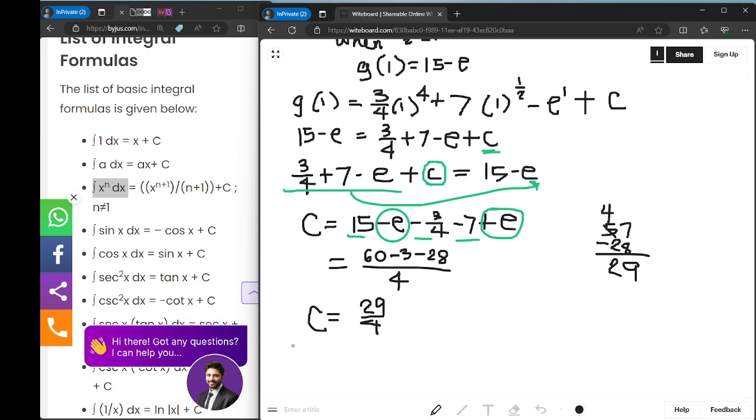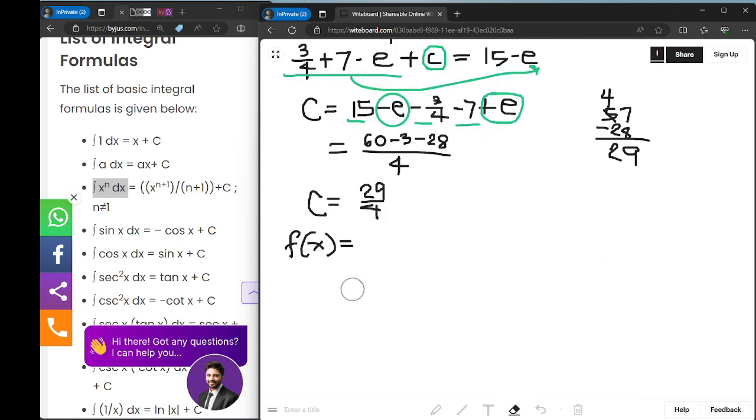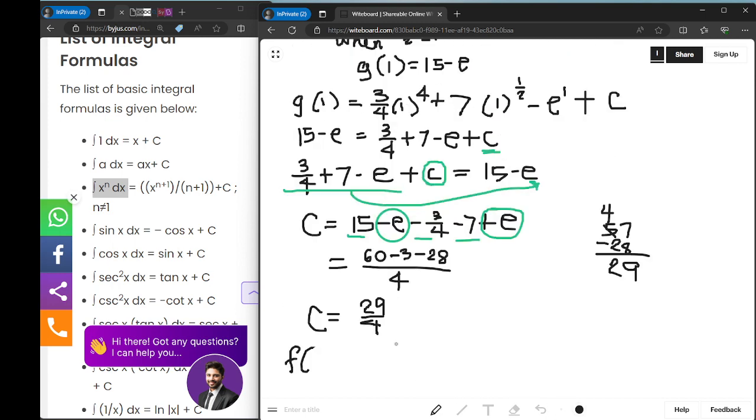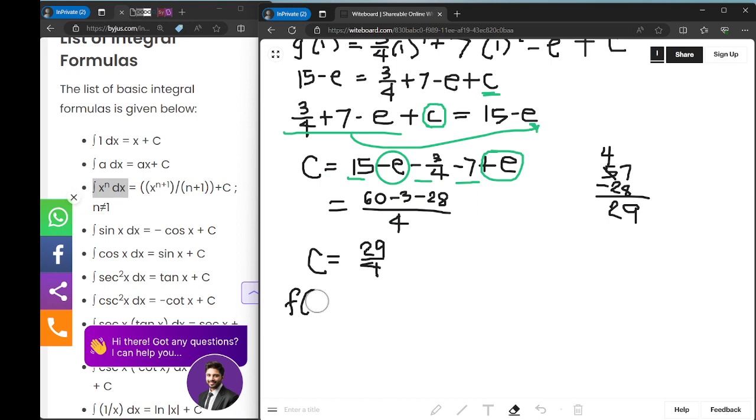That means our f of x is equal to, what's that? Oh, not f of x, f of z. No, not f either. Sorry about that, that's g, because most problems that we solve are f of x.